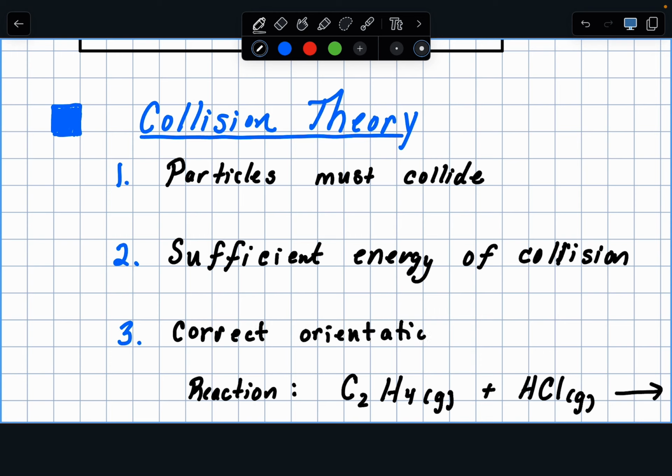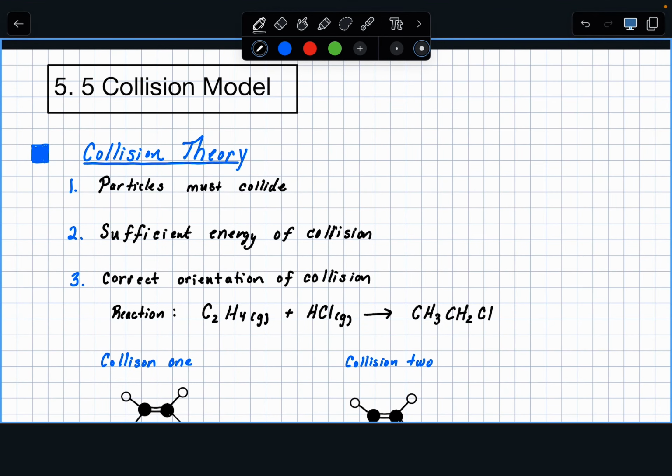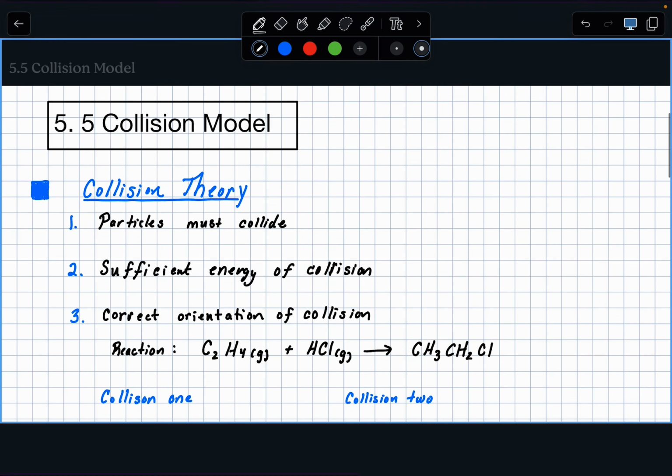And then below I have a reaction that we'll use as an example, in two pictures of how this should proceed. So again, collision theory has three main things: the particles must collide, they have to collide with sufficient energy, and the correct orientation of the collision must happen also.